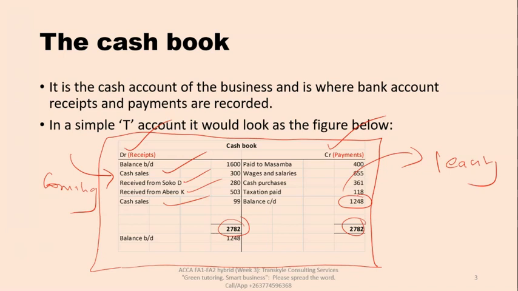However, the ultimate balance of the cash book would be this, because we still have money. So we are going to have a balance b/d on the debit side again as our opening balance for the next financial period. Are we together there? Please don't get lost or confused with this.